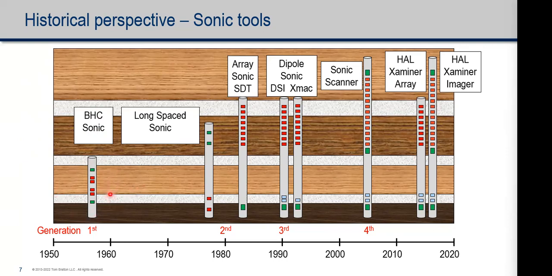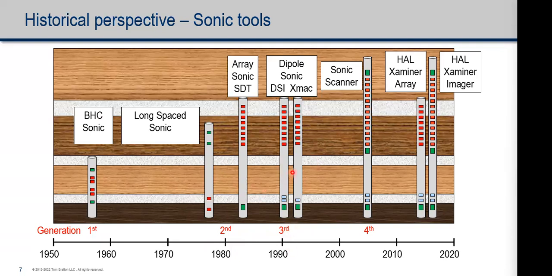This short spacing tool was often affected by the damage around the wellbore. So by the 1980s, they had decided that sonic tools need to be longer spacing. And so the second generation of sonic tools came out. The dipole tools were introduced in the early 1990s.